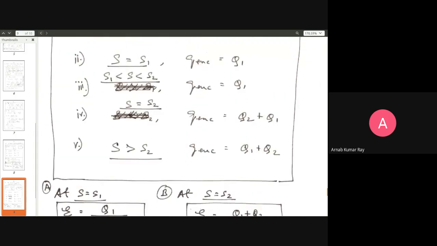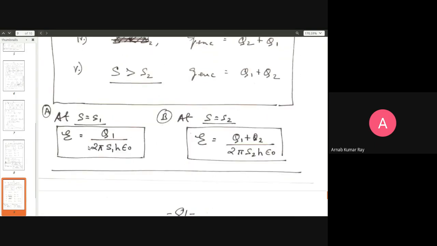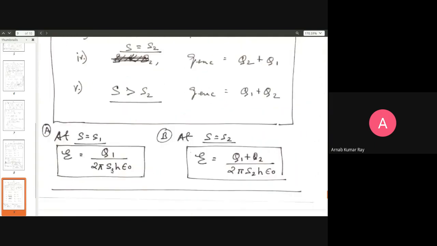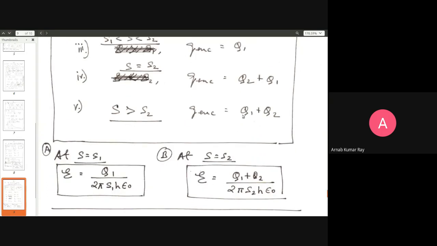So at S is equal to S1, E will be equal to Q1 divided by 2 pi S1 H epsilon naught. And at S equal to S2, E is equal to Q1 plus Q2 divided by 2 pi S2 H epsilon naught.